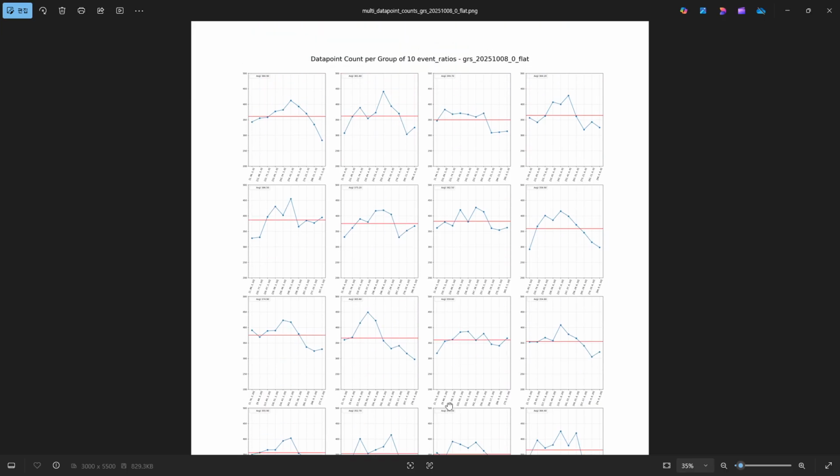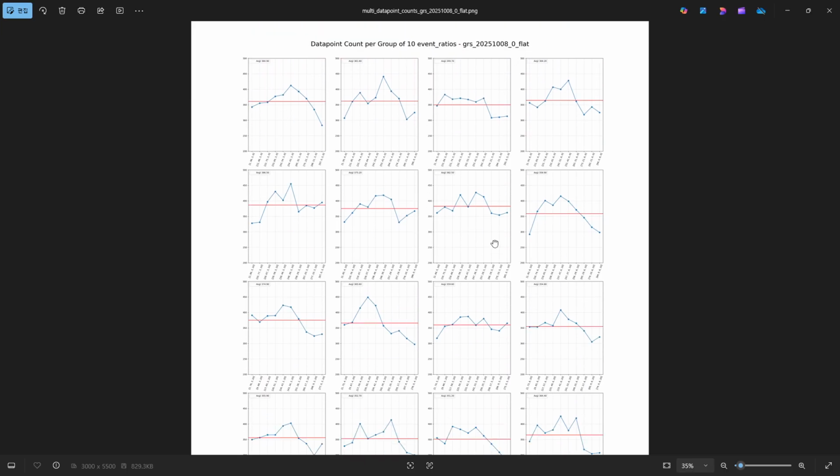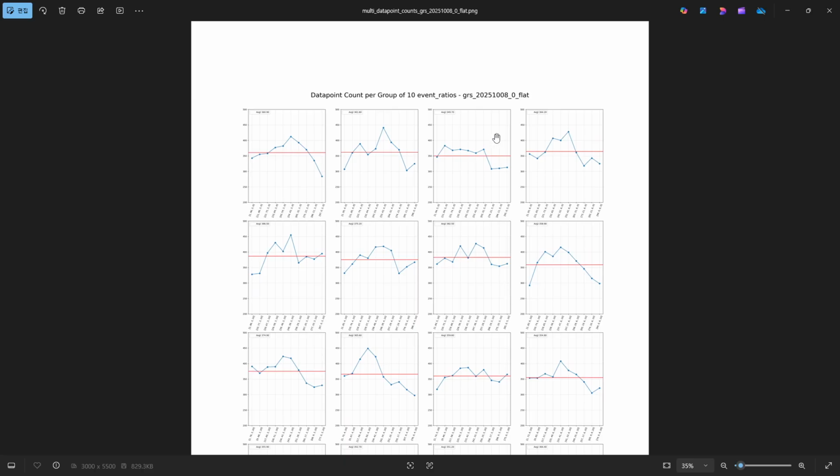This is when it was flat, as in the mentor selection weights were flat.